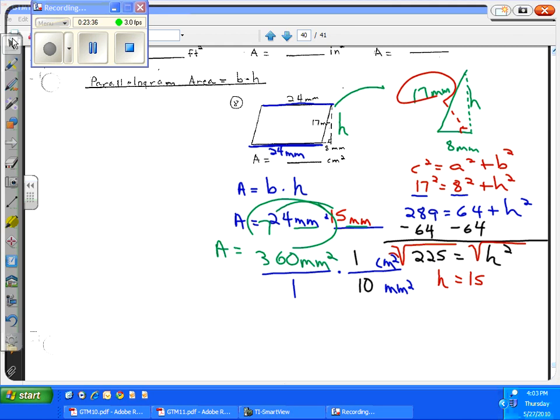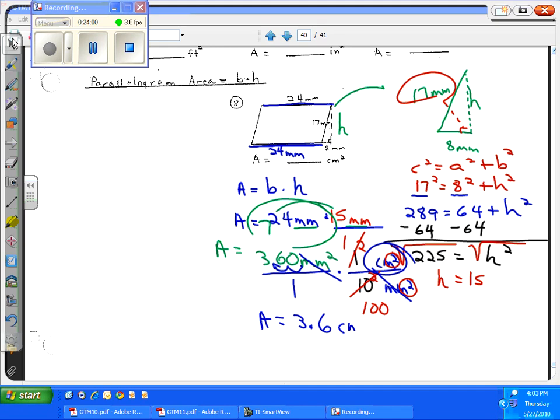We're not dealing with milli and centi. We're dealing with square milli and square centi, so we square the conversions. That makes this a 1 and that a 100. When you divide by 100, it shifts the decimal 2 places. So we'll have the area is 3.6.